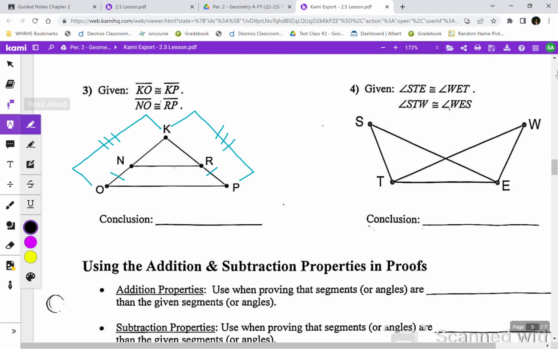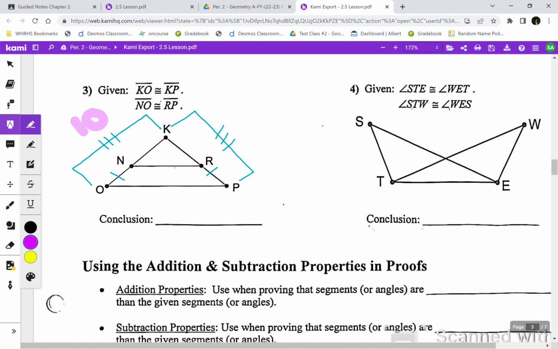We want to prove that... what can we conclude? I know there's no numbers here and there won't be any lengths in your proofs, but just to show you, to help you come to a conclusion. Let's say KO was 10 units long.